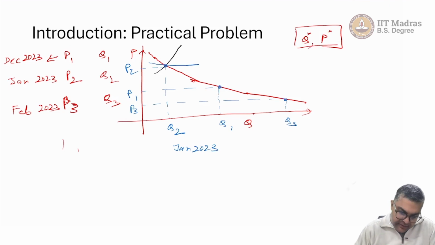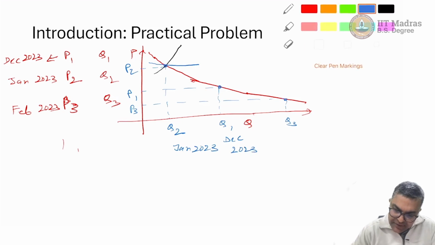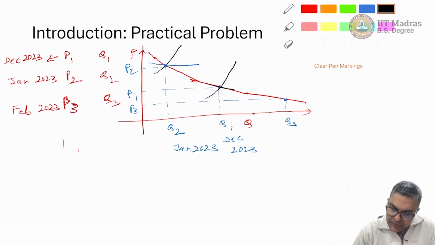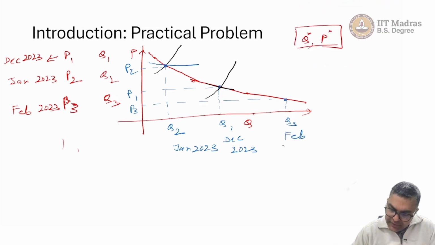And in this other month of 2023, your curves look something like, this is your supply curve and your demand curve is, let us say, this, for example. And then in Feb 2023, it looks like this is your demand curve and this is your supply curve.